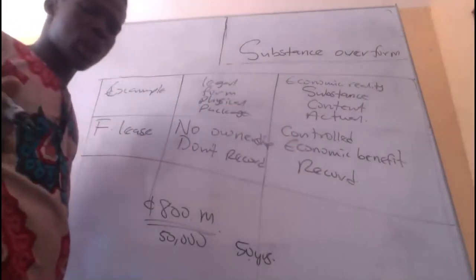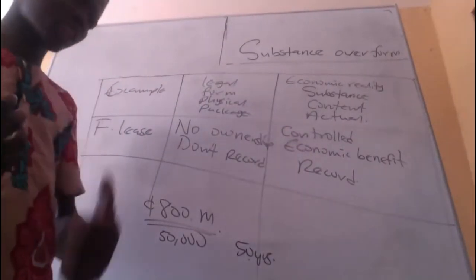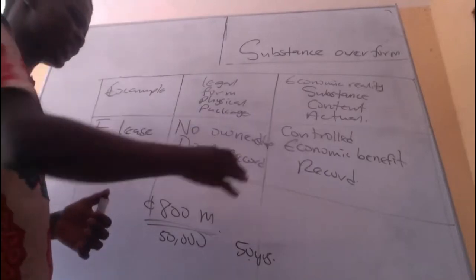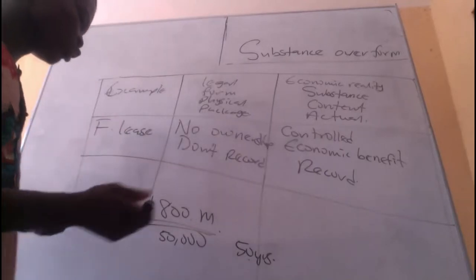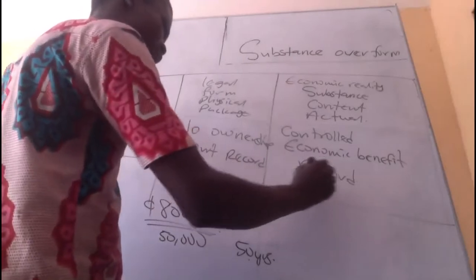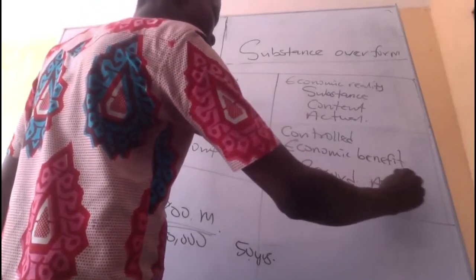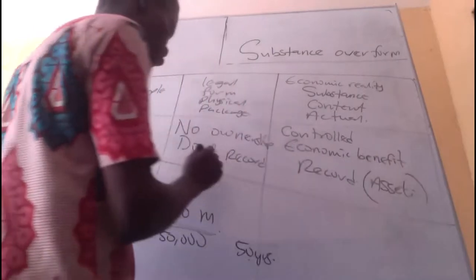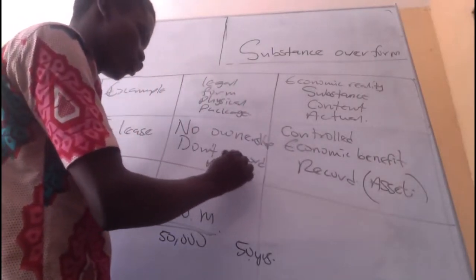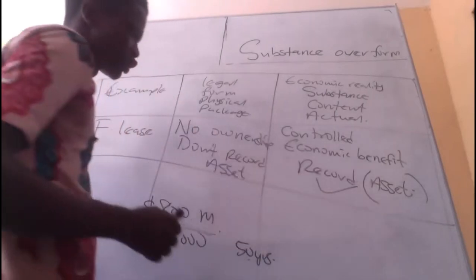Assuming that you are the accountant recording such a transaction, are you going to record it in your books as an asset? Here the form says don't record assets, and here the substance says record the assets. So what are you going to do? Record.